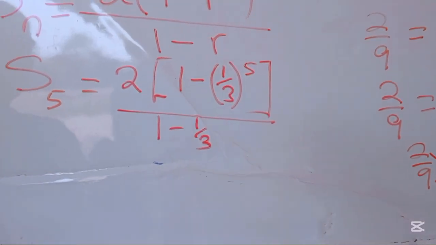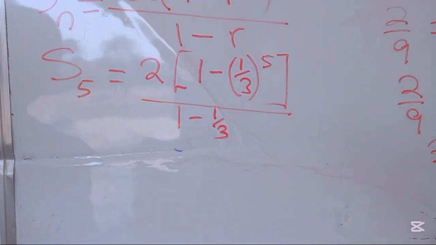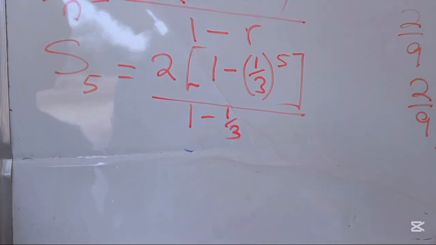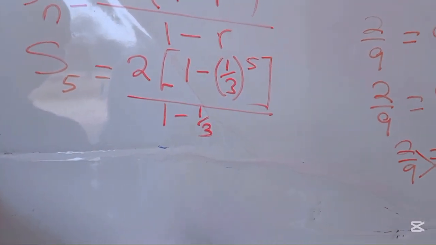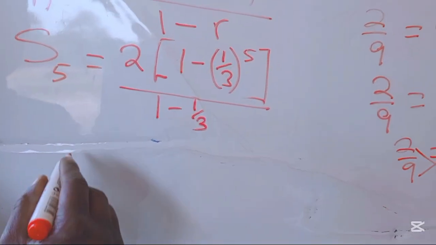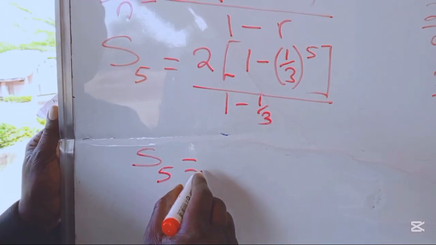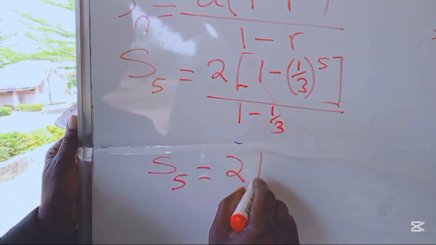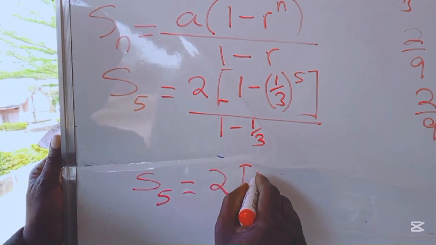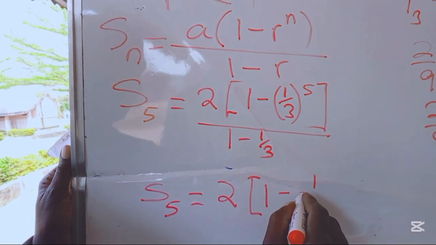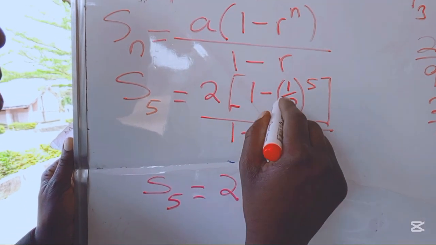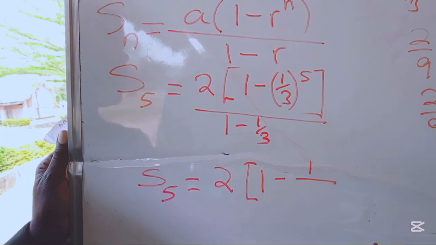So in an exam, I just want to show you, you are free to use your calculator. In this case, I have an expression like S5, meaning the sum of the first 5 terms. You agree with me that this is the same as 1 minus 1 over 3 times 3 times 3 times 3.